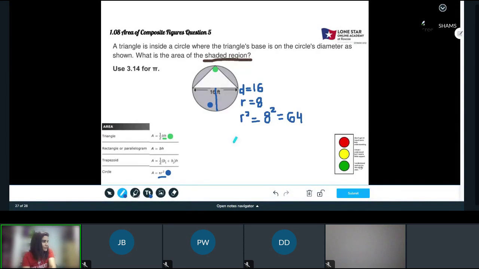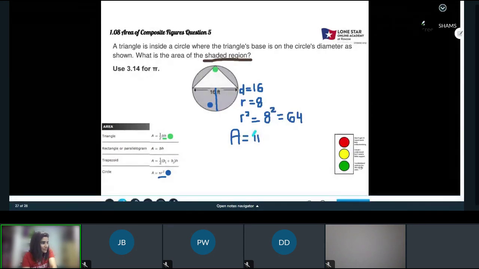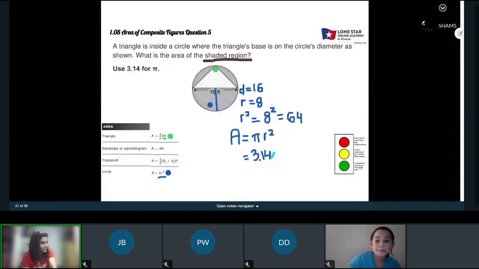Then to find area of the circle, I have to do pi times radius squared. And pi is 3.14. Radius squared is 64. If I multiply the two, I will get area of the circle. That is 200.96.